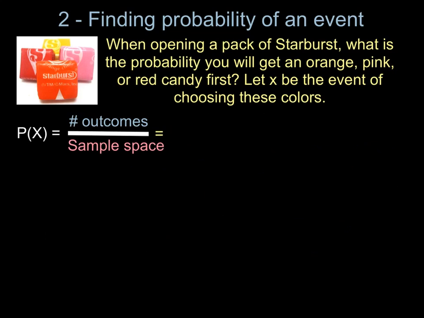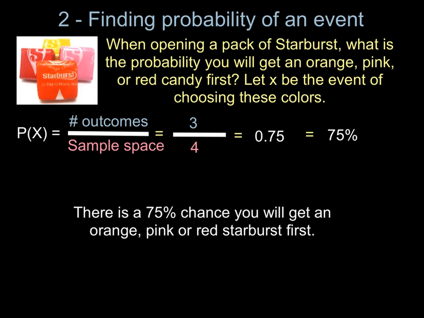Since we have 3 different colors, orange, pink, or red, our number of outcomes is 3, but our sample space is still 4. So 3 out of 4 of the candies is 0.75, 75 hundredths, or 75%. Our final answer is there is a 75%, or more likely, chance that you will get a Starburst that is either orange, pink, or red for the first candy.